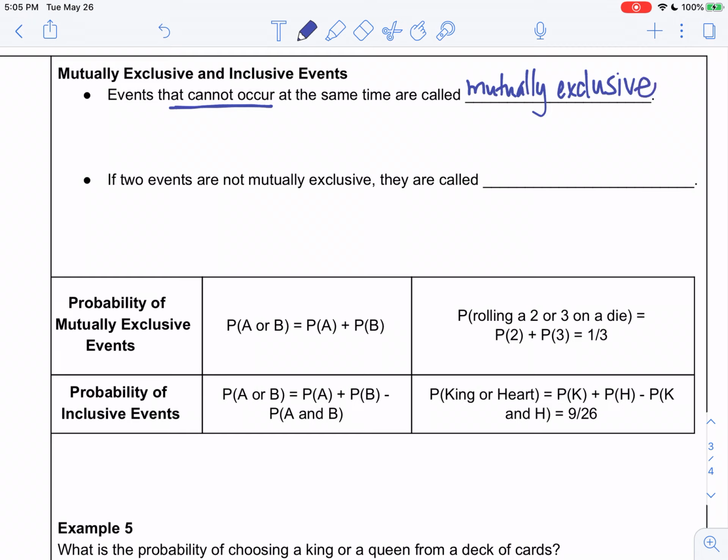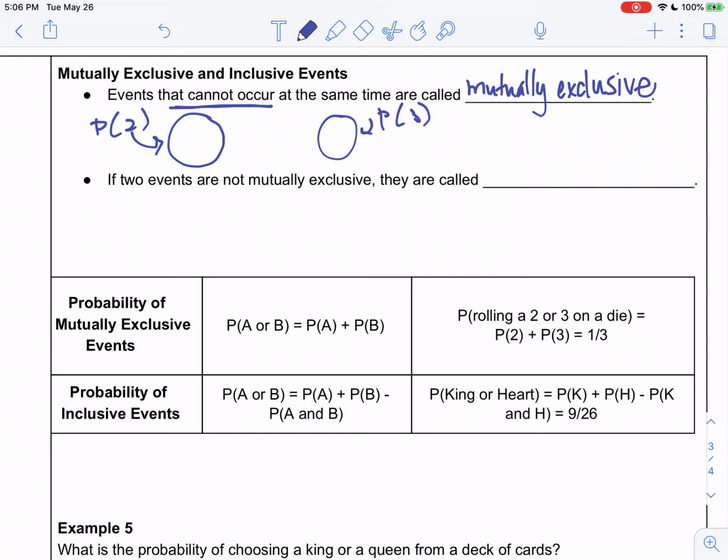They can't occur at the same time. So consider the probability of rolling a 2 and the probability of rolling a 3 at the same time with 1 roll of the die. If we go Venn diagram on here, probability of a 2, probability of a 3, those 2 things could never happen. So the probability of rolling a 2 and a 3 at the same time is going to be 0.